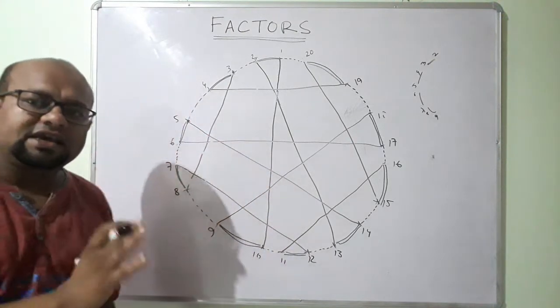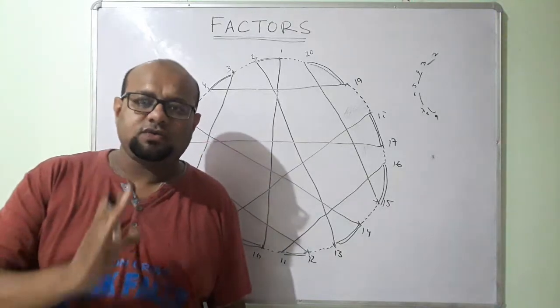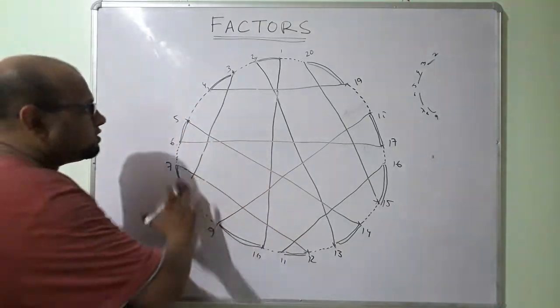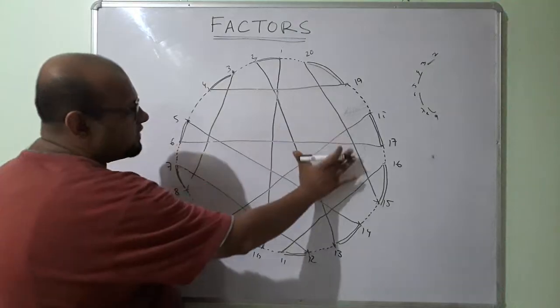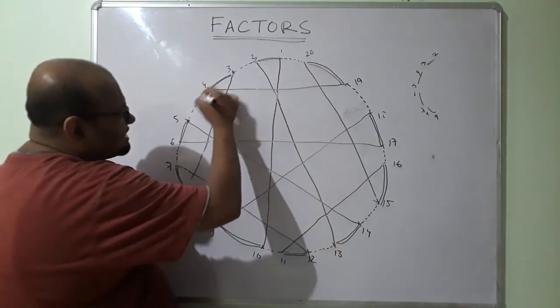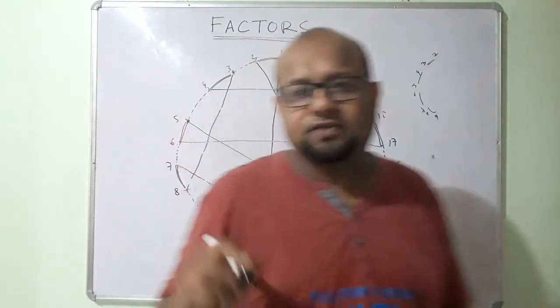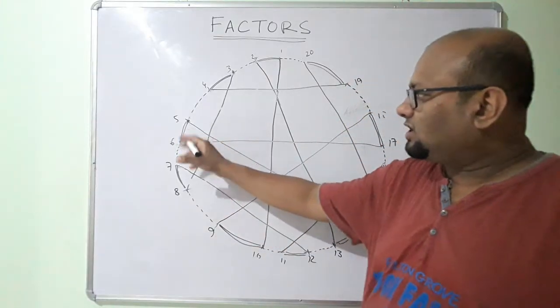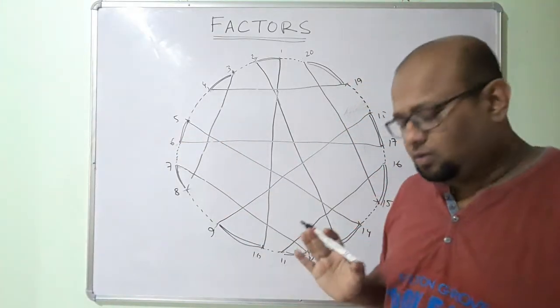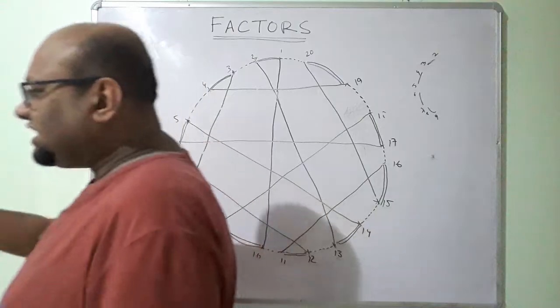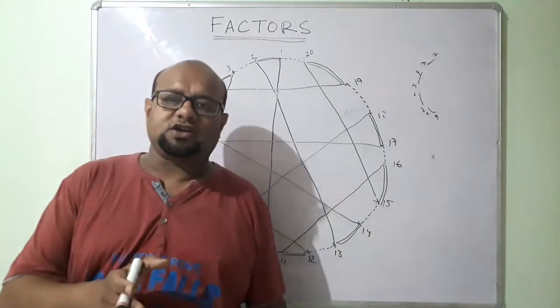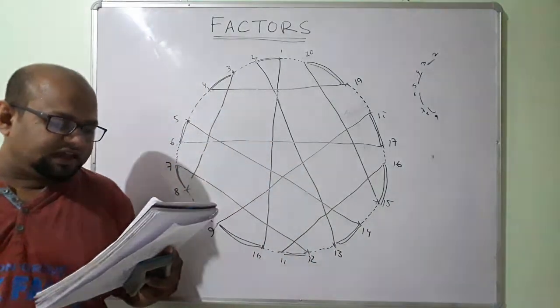So it was a k factor, k equal to 1 in our case. So this internal line gave me a one factor, this dash line gave me a one factor, and this double dash line gave me a one factor. So I had these three different one factors that I got out of this Desargues graph.